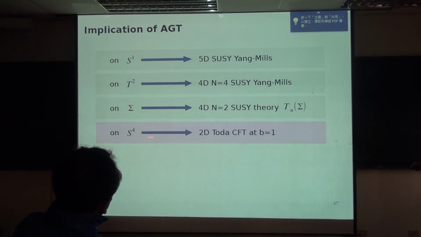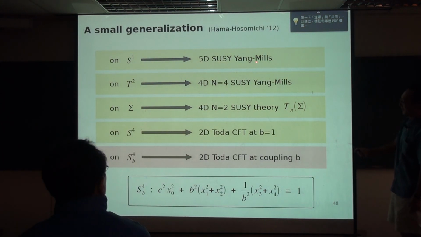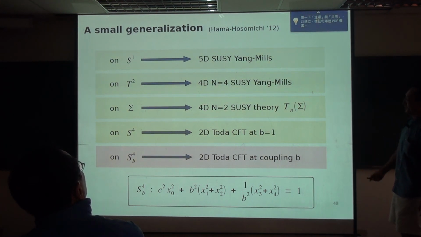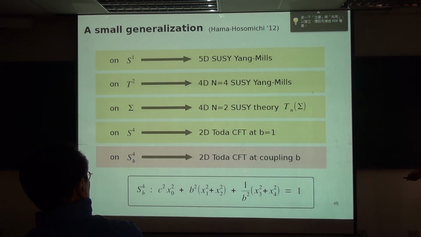But if we choose the round four sphere, the coupling has to be a special value, 1. But some years ago, my student and I made a further study of this case. If we deform the round sphere a little bit, by introducing a squashing parameter, then it turns out that we can change the coupling of the 2D Toda CFT to a general one.